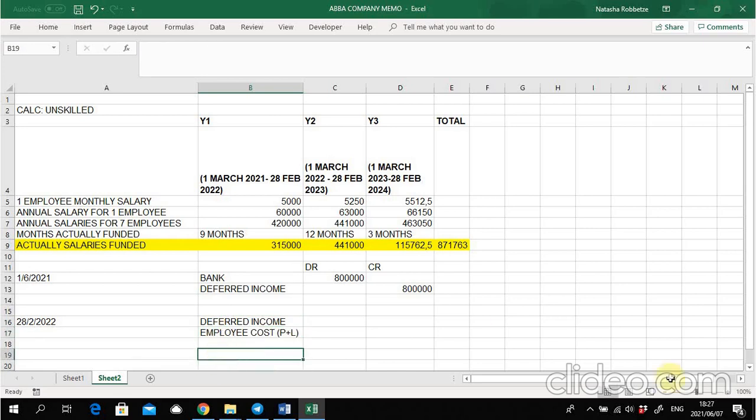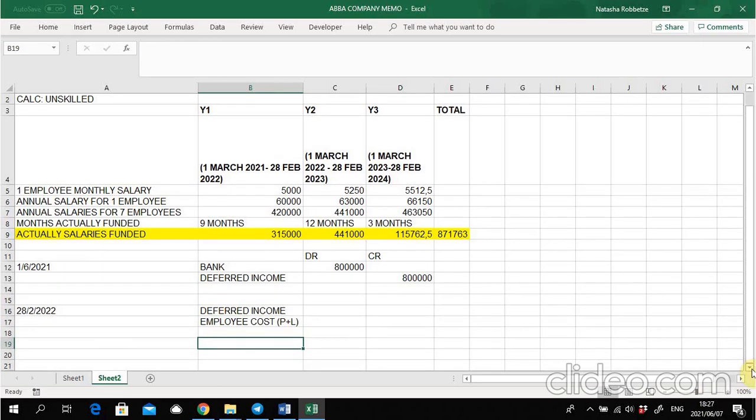And now I'm going to say, in order to know how much I need to take out of deferred income and play off against the expense, it's going to be in the first year, which I'm busy with, 315,000 divided by the total 871,763. Let me just type correctly, an error can happen so fast, times the 800,000 subsidy.